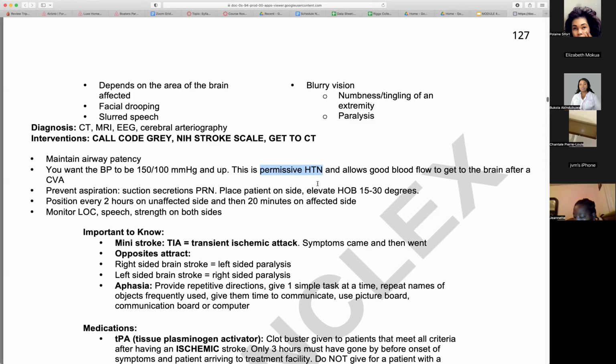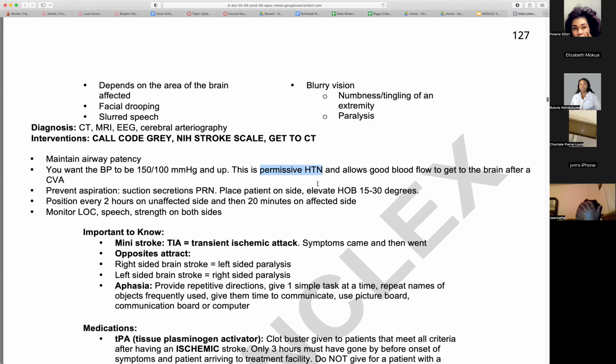Okay, so the one exception where you do not want permissive hypertension is if the patient receives TPA. Okay, so then under that, I want you to write: if the patient receives TPA and the blood pressure is too high, the patient can die from a brain bleed.